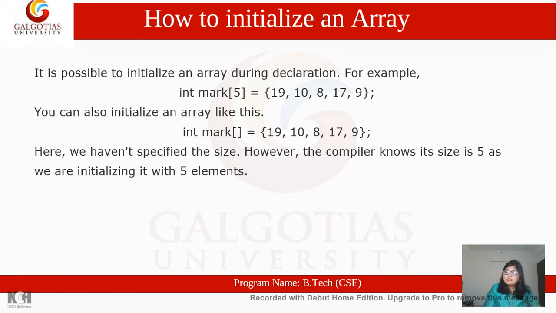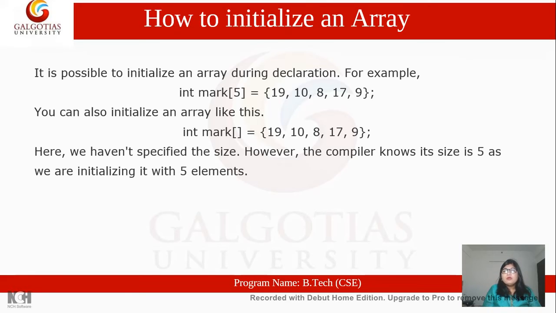Initialization, now we are putting actual values into the elements of the array. Earlier we were declaring the data type will be integer, the array name will be this, and the size of the array will be this, that means how many elements we can hold. Now in case of initialization, we put actual data values to those particular address locations.